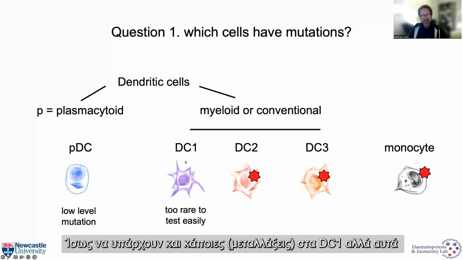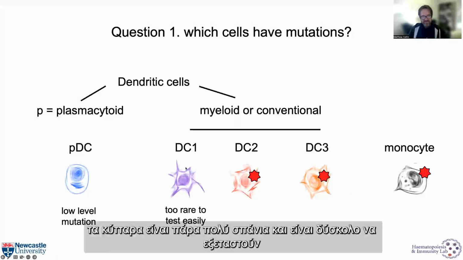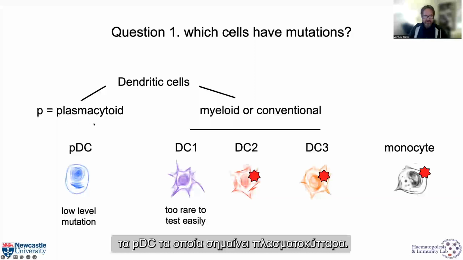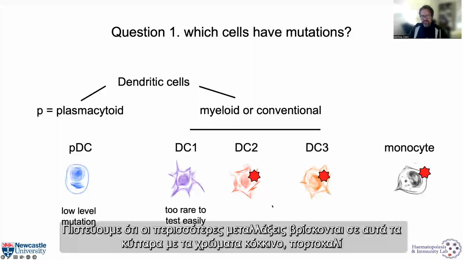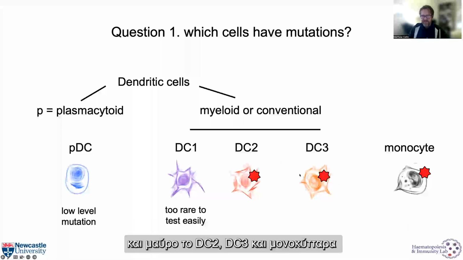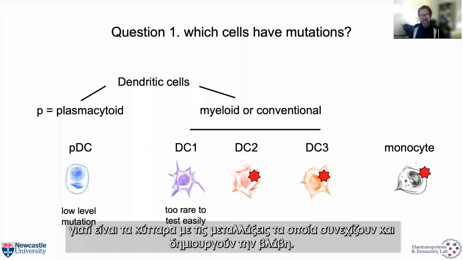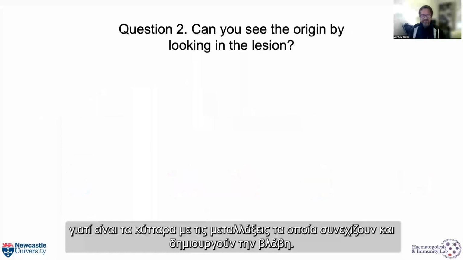So there might be a little bit in DC1, but these cells are very rare, and it's quite difficult to examine that. And sometimes we find a little bit of mutation in these PDCs. P stands for plasmacytoid. So we think that most of the mutation is present in these red and orange and black cells, the DC2, DC3, and the monocytes. So that tells us potentially which cells could make an LCH lesion, because it's the cells with the mutation that go on to form the lesion.